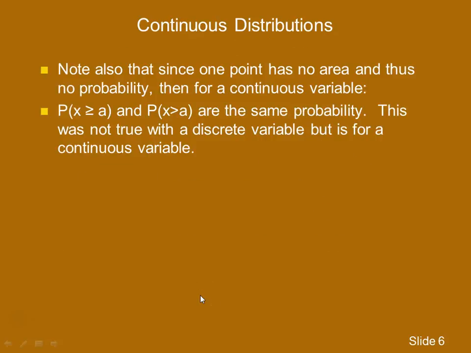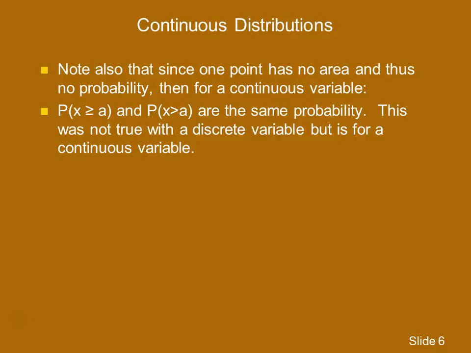One last little point that I like to make about the difference between a discrete variable and a continuous variable. For a continuous variable, it wouldn't make any difference whether I write the probability that x is bigger than or equal to a, or the probability that x is bigger than a, because the one point at a itself has no area and therefore no probability, as we saw a minute ago.